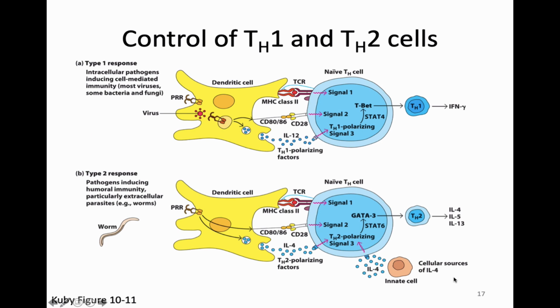Good news, an intracellular pathogen induced that IL-12 in the first place. So we've now made a response that will do a good job at getting rid of intracellular pathogens. An extracellular pathogen probably made that first IL-4 burst happen in the case of Th2s, and now we're making cytokines that help to combat the extracellular pathogen.